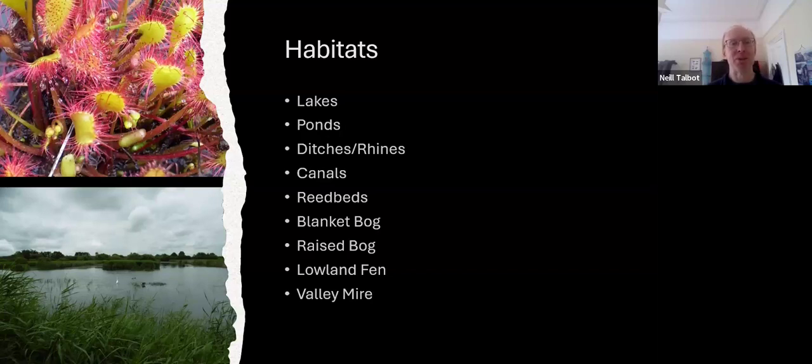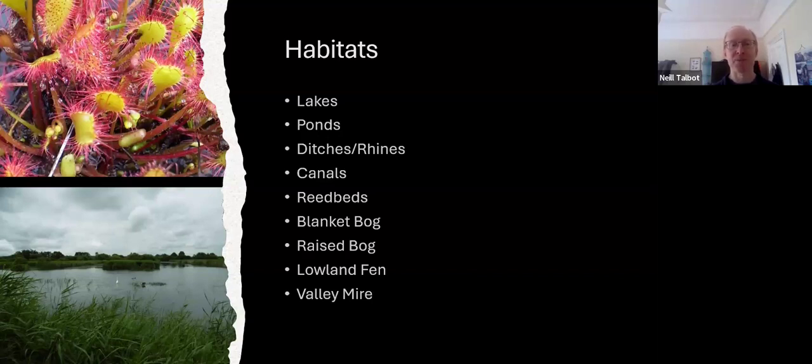Just as an example, the picture on the top left is an oblong-leaved sundew, the sort of species you will find in bog habitats. You'll also get things like sphagnum moss in those. And the bottom picture is more of a lake with a reed bed habitat there as well.